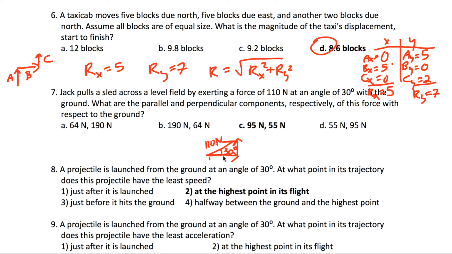The x component is adjacent to the angle, so it's going to use the cosine, 110 cosine 30, and the y component is opposite, so it's going to use sine, 110 sine 30. And that will give us answer C over here. You might want to memorize that sine of 30 degrees is equal to 1/2, because that will save you a lot of time when you're doing calculations.